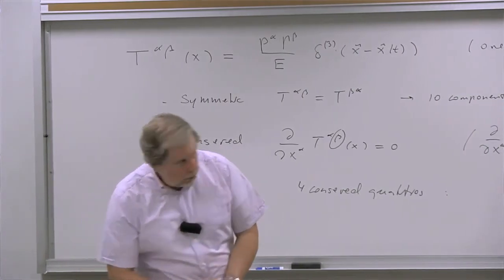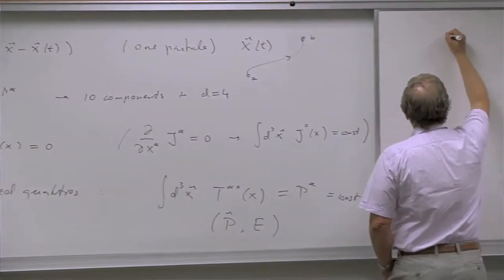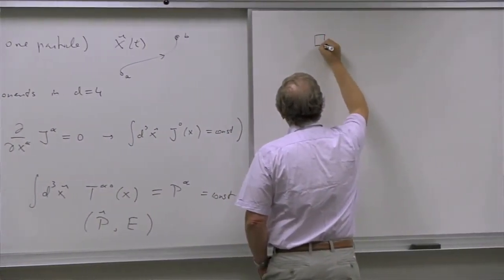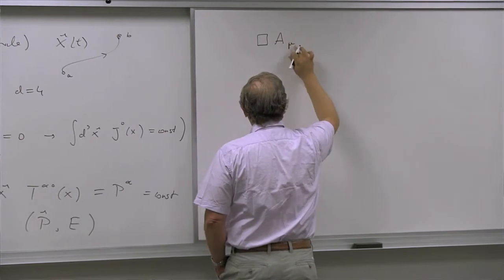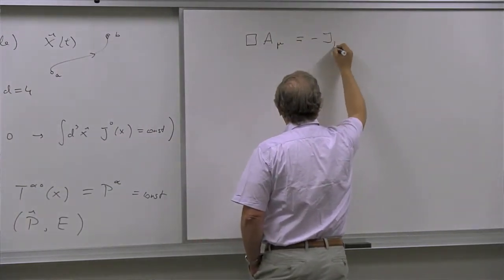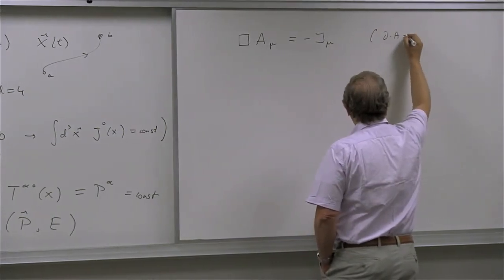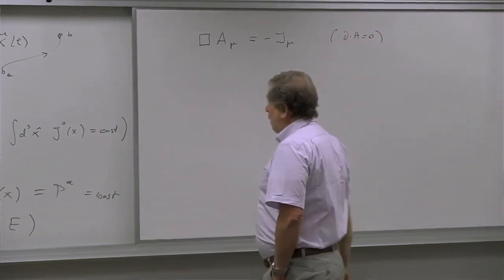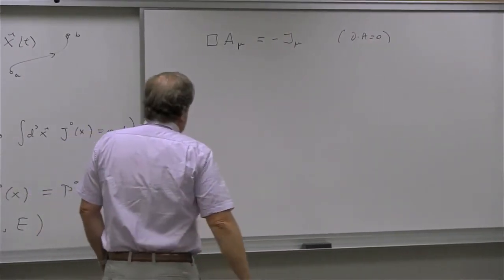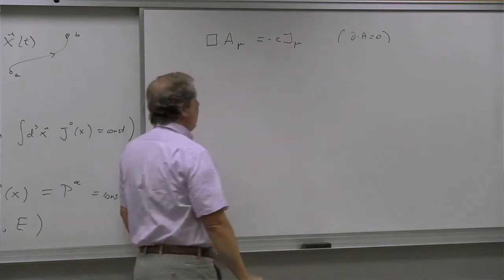And so if you look again at electromagnetism, the equations for electromagnetism, if you write it in terms of potential, are that this is equal to minus J mu, right? This is in a gauge where the divergence of A is equal to 0, right? And so maybe you want to make the charge explicit, so we can write it like this here.